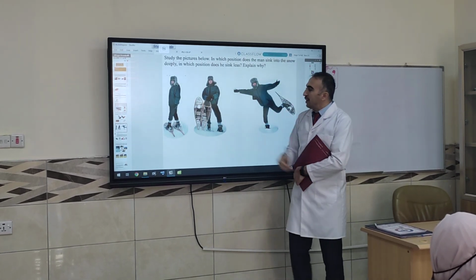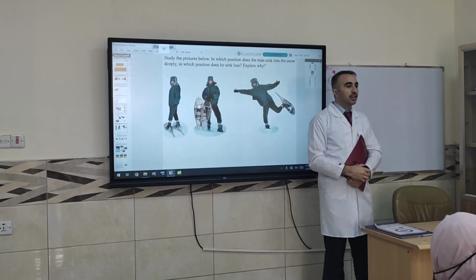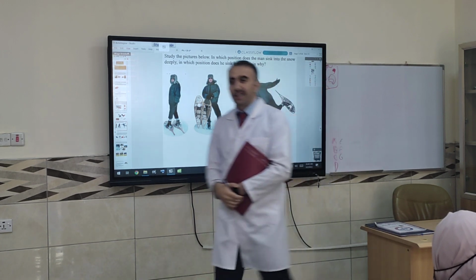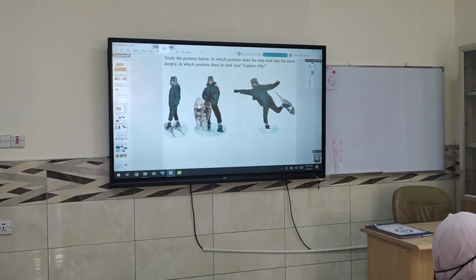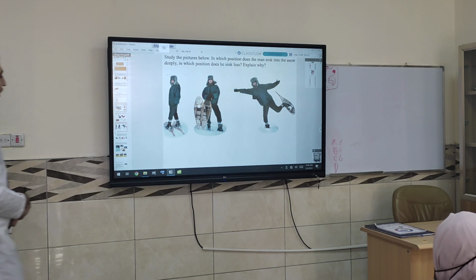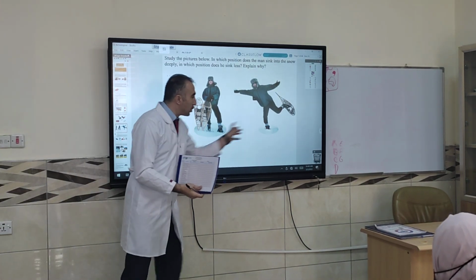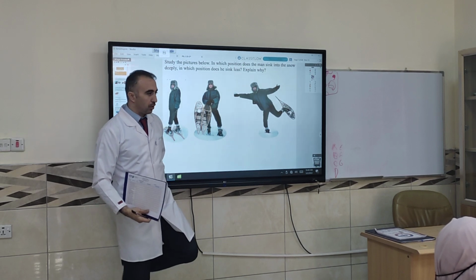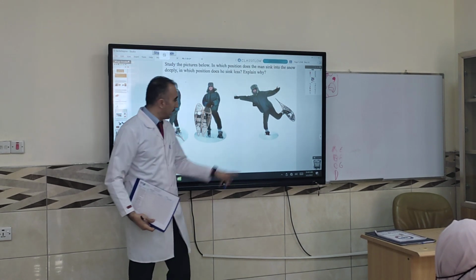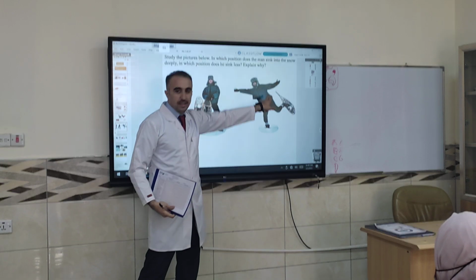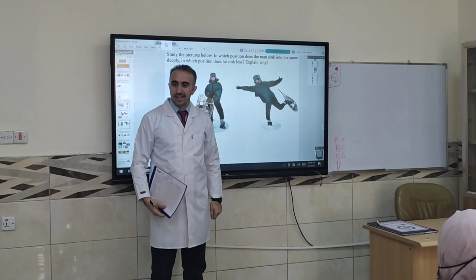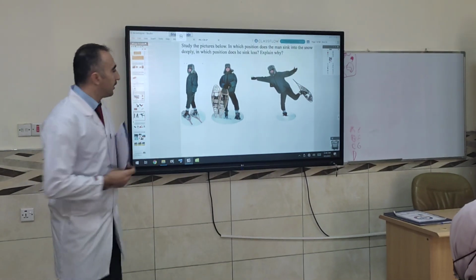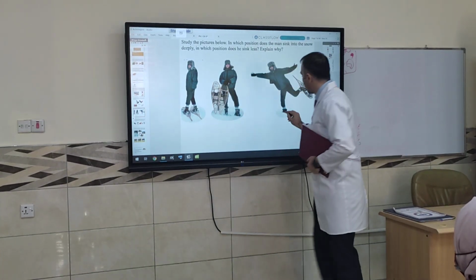Now, in which picture is the pressure the most? Ümit, Picture 2 or 1? Which one? Yes, you are right. With 1 foot or 2? 2. And if he stands with this or with this? 1 foot. Yes, well done. Because the area is small, so the pressure is high.